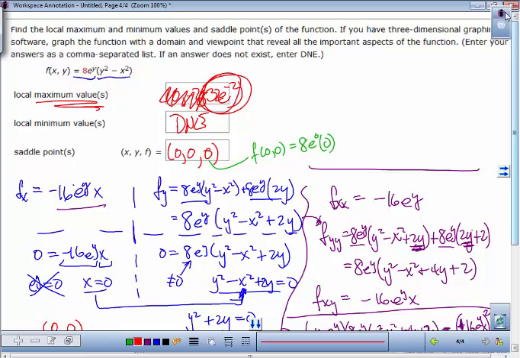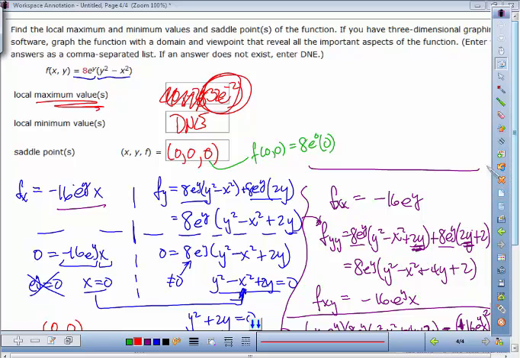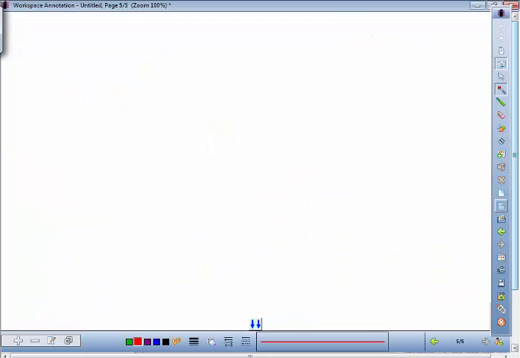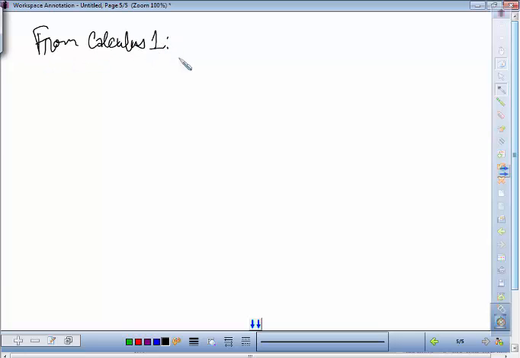All right. So that's looking for local max and mins. Now in Calc 1, let's see if we can backtrack. I'm going to put the little picture here later. But in Calc 1, there is this theorem called the extreme value theorem.